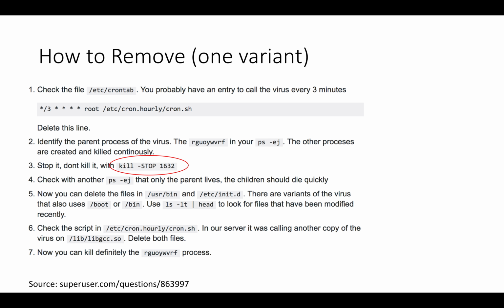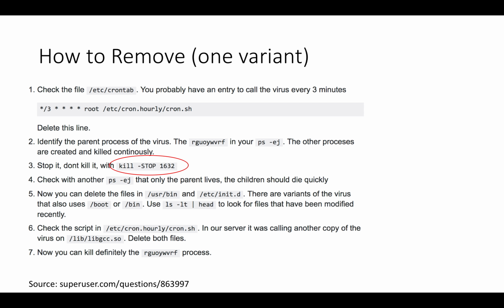The trick to this turned out to be that you need to pause or stop the process. So you find that main parent process that is being executed, and you stop it with the kill command, kill -STOP. That will start a chain for all of the children that are part of the process as well.